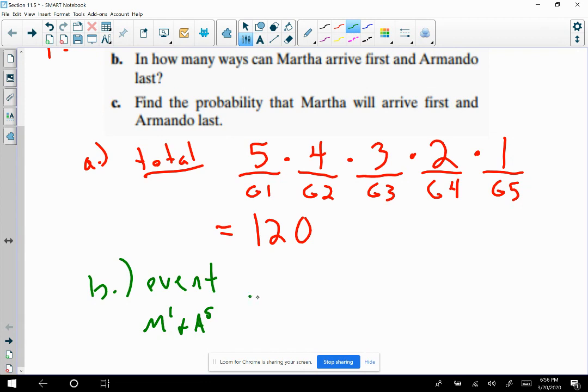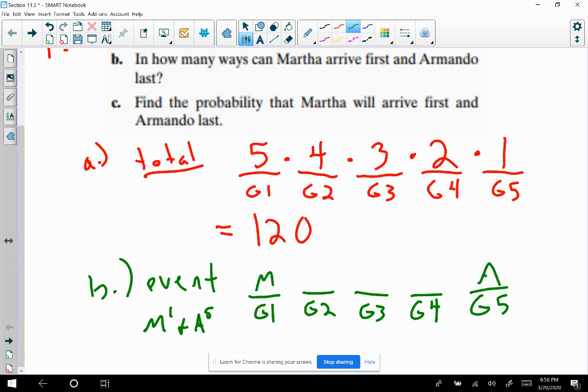Well, if we think about this, again, according to guest 1, guest 2, guest 3, guest 4, and guest 5, what has happened is we have limited the first guest. The first guest has to be Martha. The last guest has to be Armando.